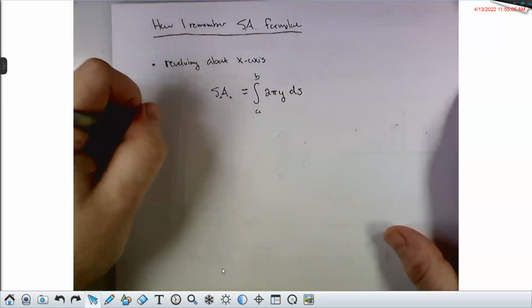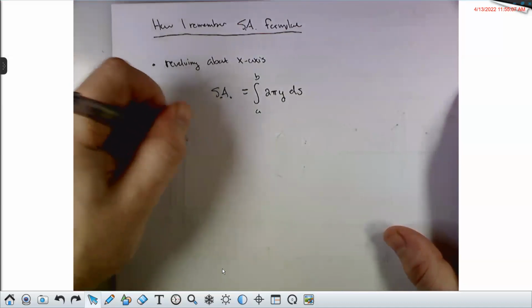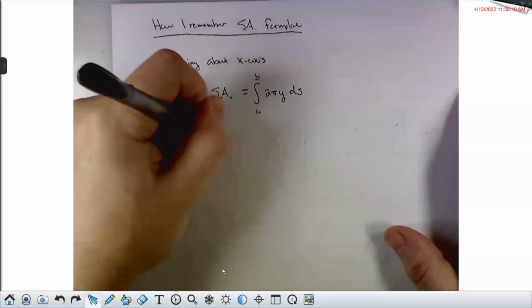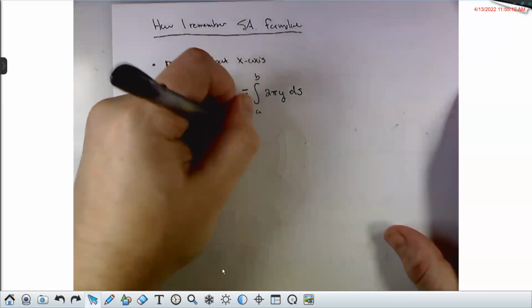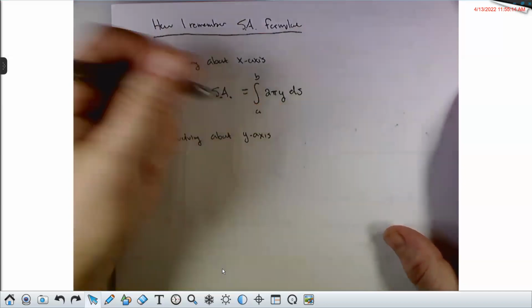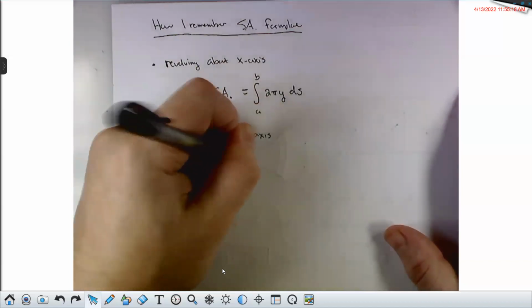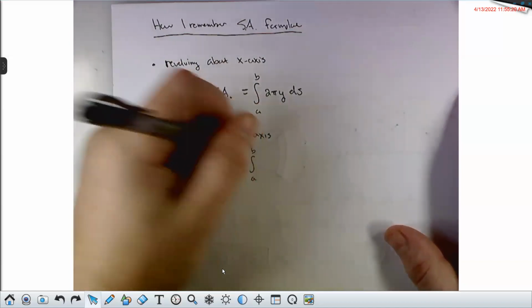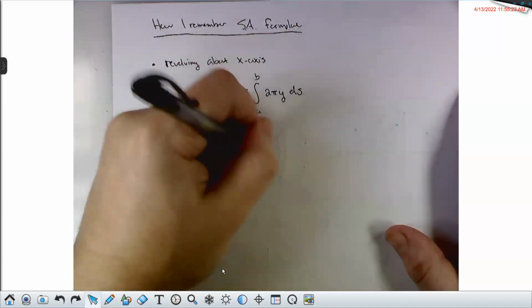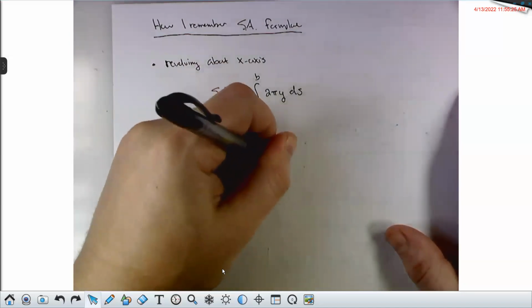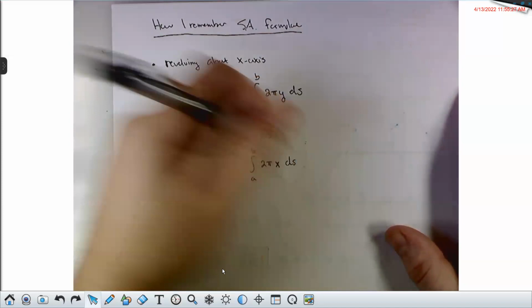And if we're revolving about the y-axis, then the surface area is the integral from a to b, again, those are t values, of 2 pi x ds.